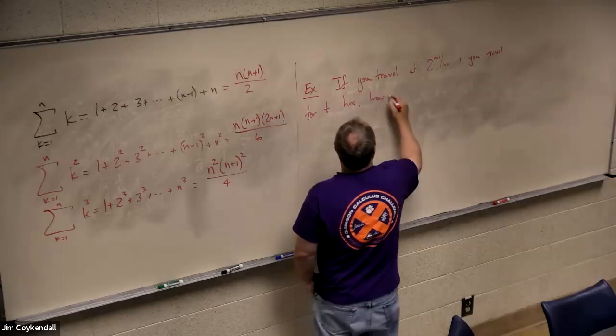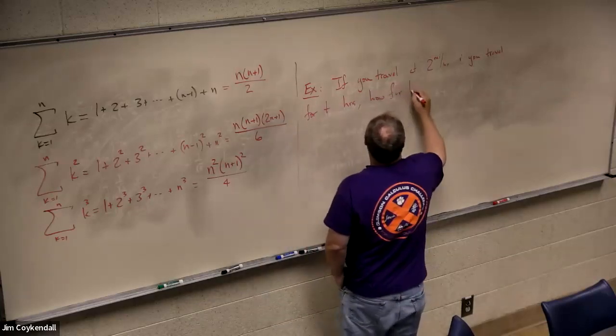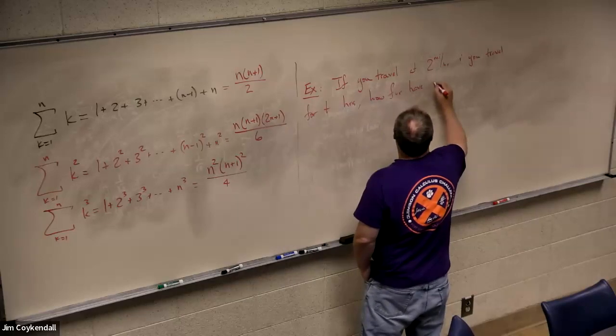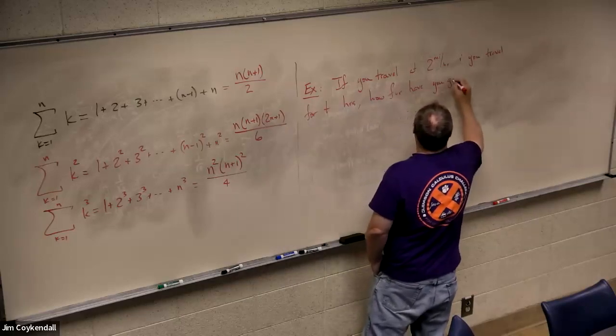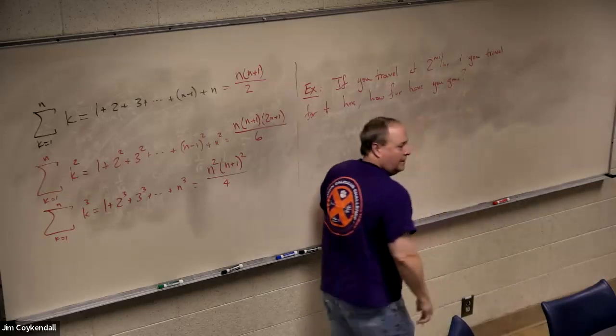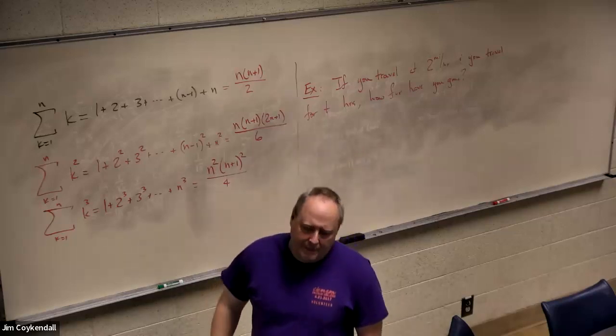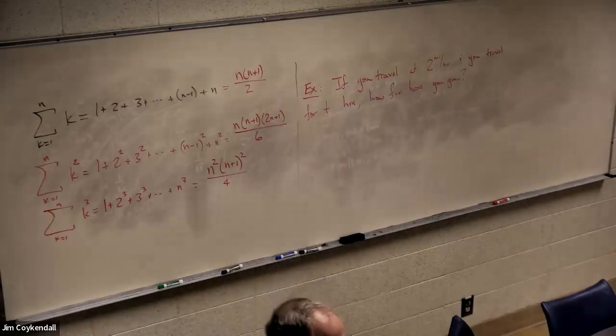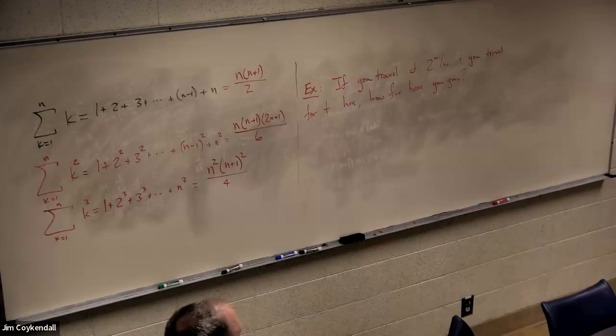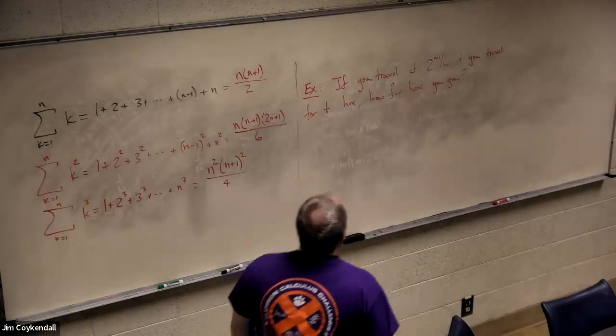How far have you gone? Okay, this is kind of a silly question, and it's easy in a certain sense with regard to our picture, but I'm going to use it to justify this and hopefully increase our understanding.